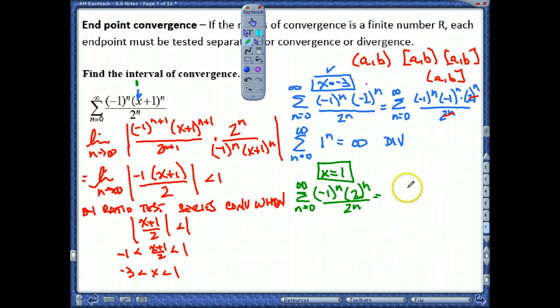So I get negative 1 to the nth power. Well, that's the same thing. You're getting negative 1, positive 1, negative 1, positive 1. It's going to diverge.